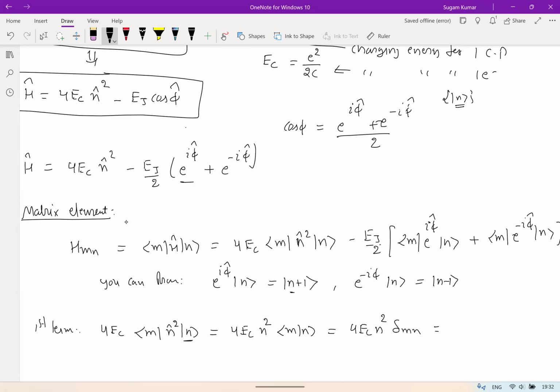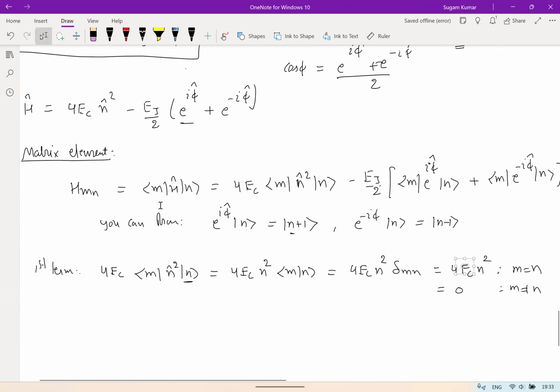This is equal to 4 times EC N square if M equals N, or equal to 0 if M is not equal to N. So this is simple mathematics.